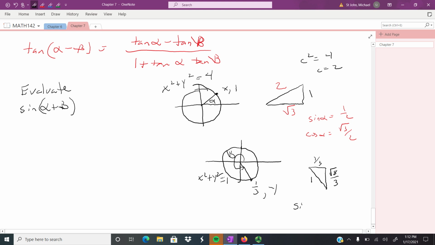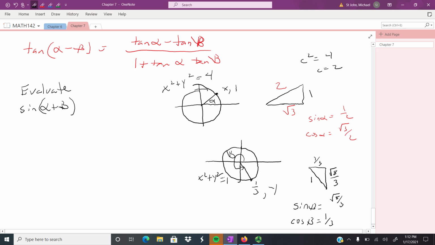And so again, we can look in terms of my sine and cosine. So sine is going to be the square root of 8 over 3, and then my cosine is going to be 1/3. Okay.